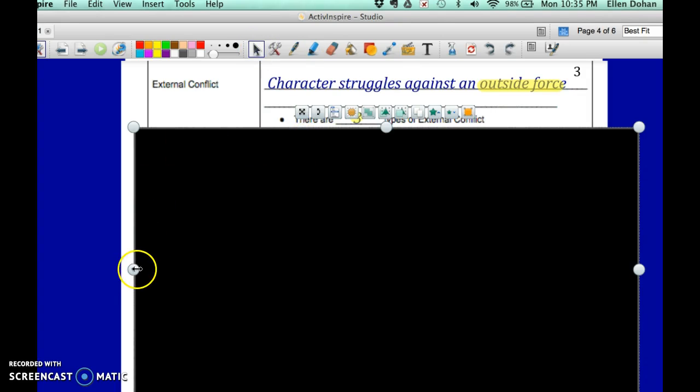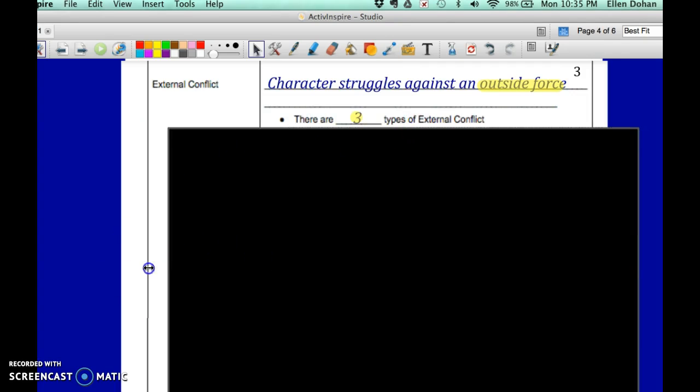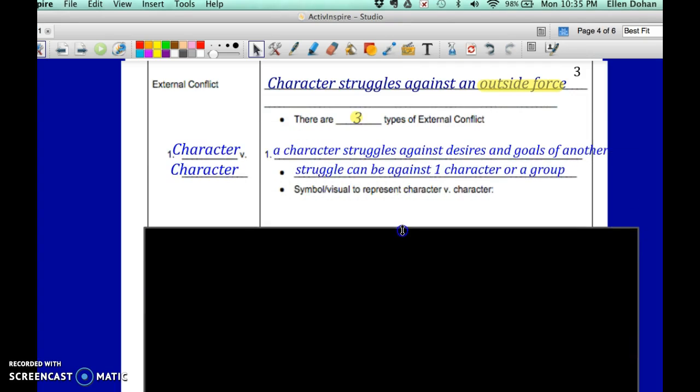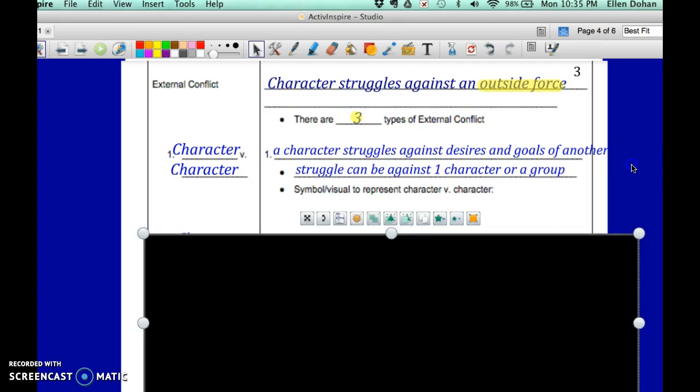Make sure that you put the key term on the left side, and then again, the definitions and examples on the right. So first we have character versus character. What this definition means is that a character is struggling against the goals or the desires of another person or character. So it's one versus one.